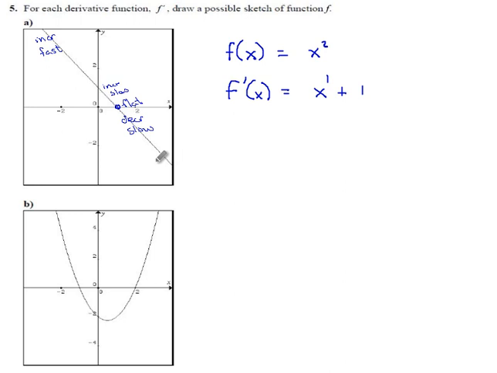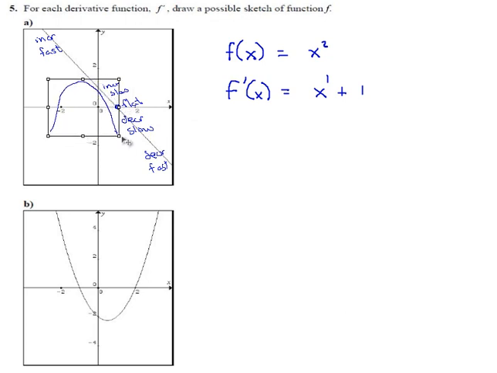And as the derivative gets bigger in magnitude, it's still negative, so the function's still decreasing, but it's now decreasing faster. So if you try to draw a curve that increases fast, then increases slower, then it's flat, then it decreases slowly, and then it decreases faster, sure enough, you end up drawing a parabola.